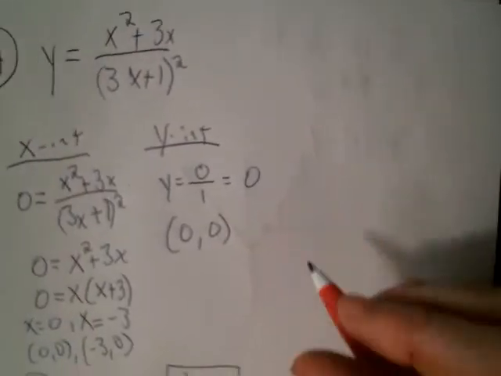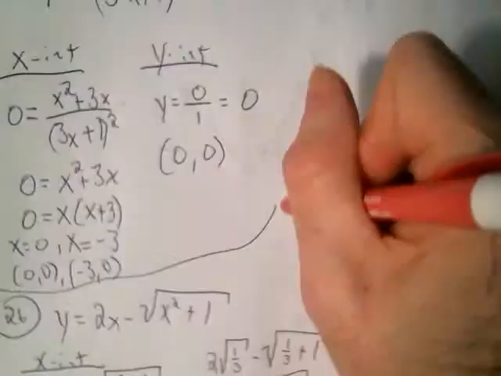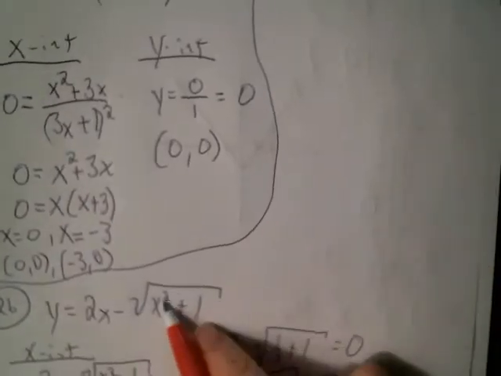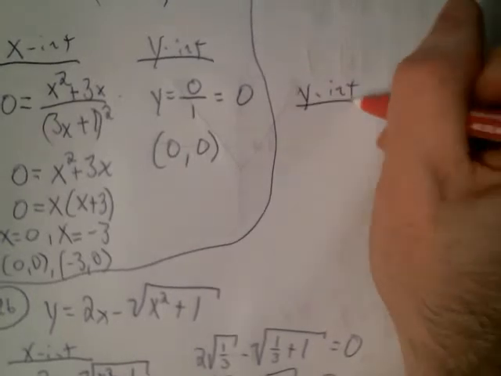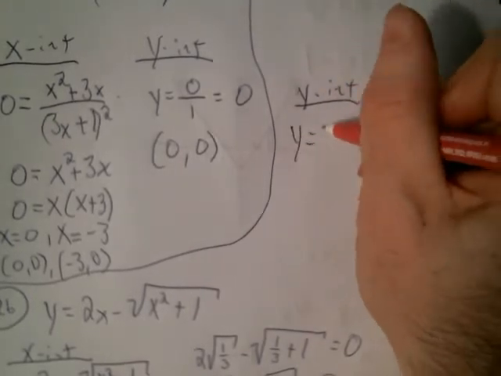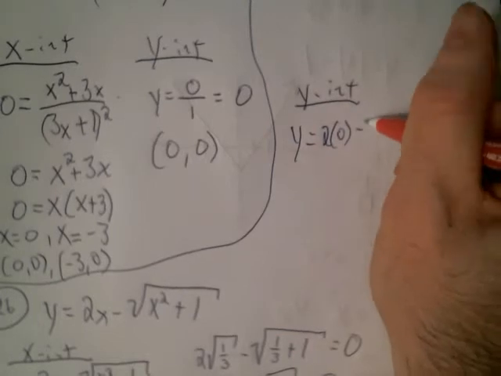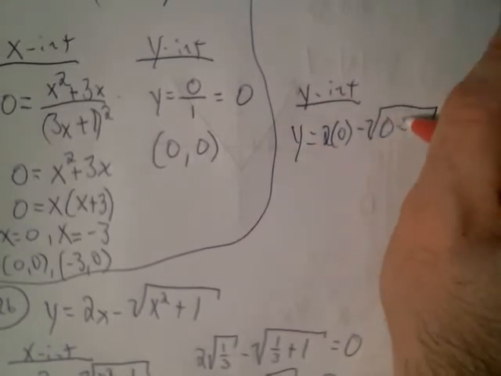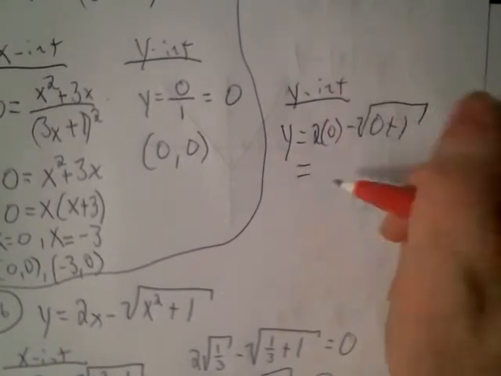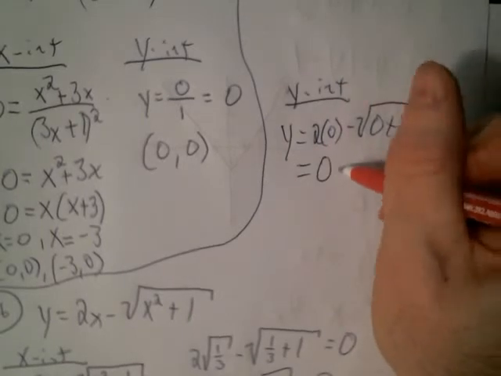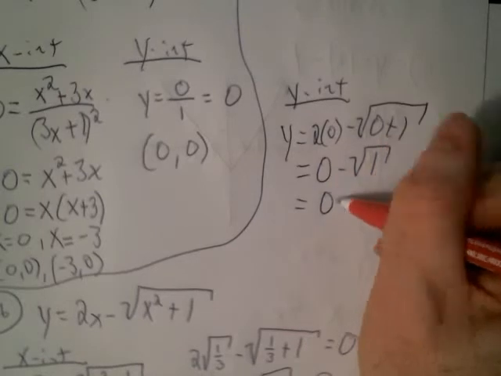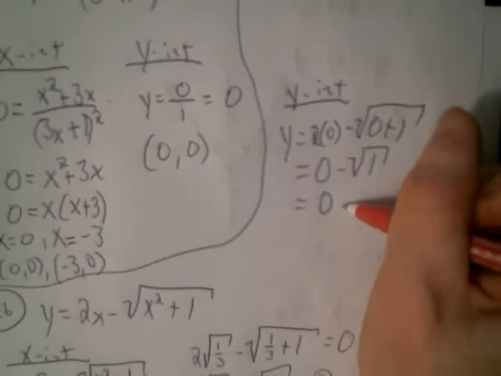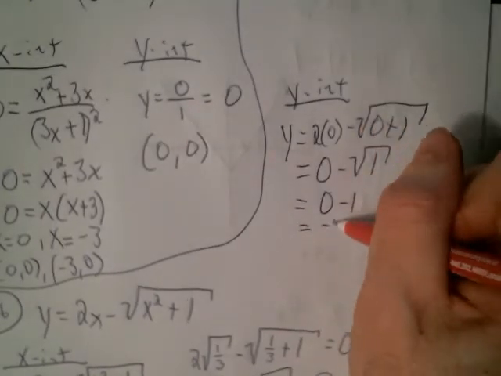And I'm just going to move up here. Okay, so for the y-intercept, you're letting x equal 0. So y will equal 2 times 0 minus the square root of 0 plus 1, which of course will just be 0 minus root 1, which is 0 minus 1, which is minus 1.